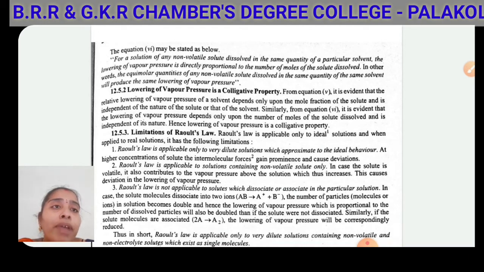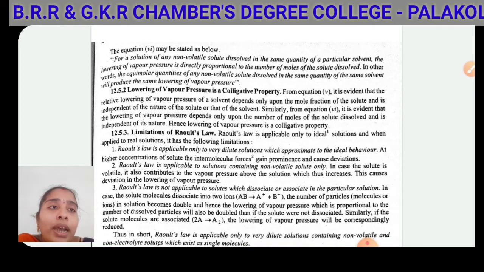Hence, lowering of vapor pressure is a colligative property. A colligative property depends upon the concentration of the solute particles and is independent of their nature. That's why lowering of vapor pressure is a colligative property.